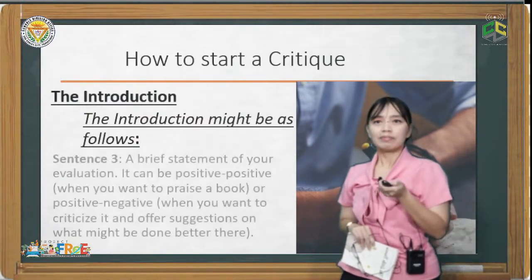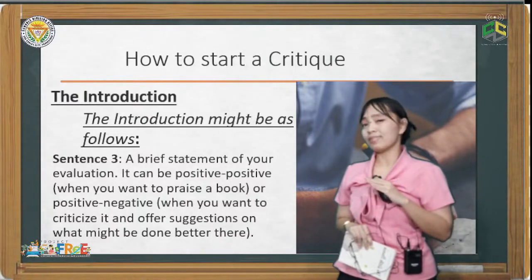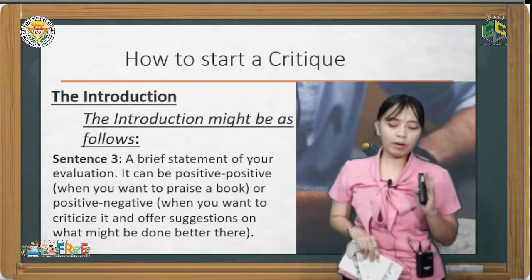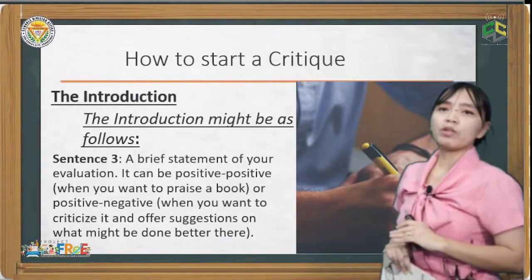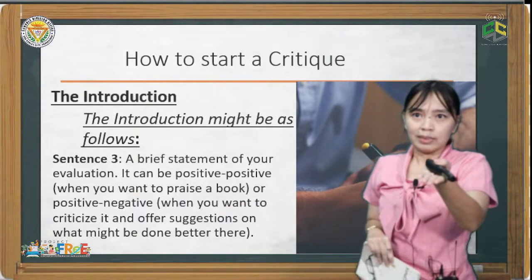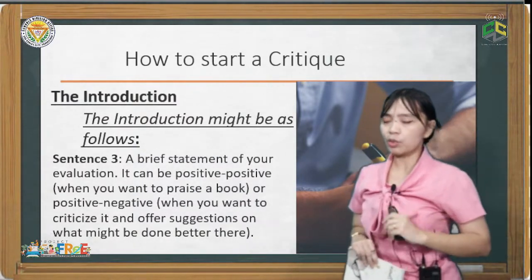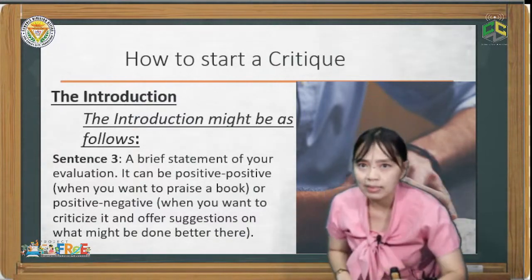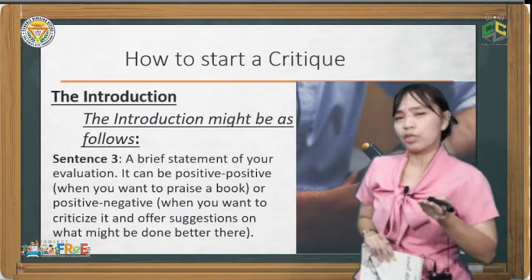And I'd like to share with you too, what are you going to do with sentence 3? If you are to come up with an idea in sentence 3, it's very important that you come up with a brief statement of your evaluation. A brief statement of your evaluation. So how do we do that? It can be positive. What do you mean by that?